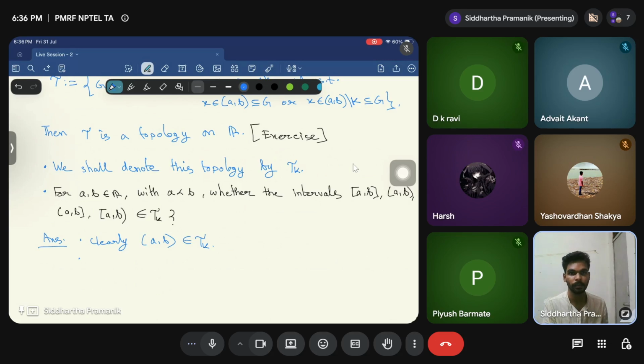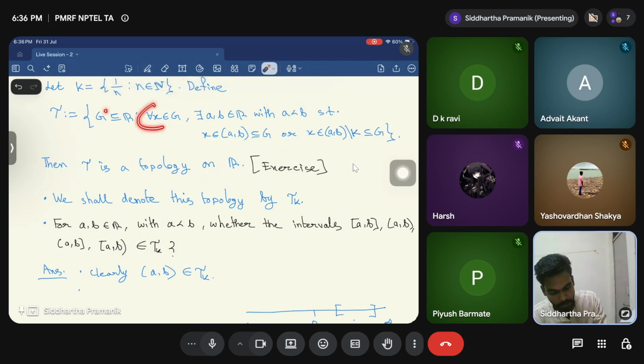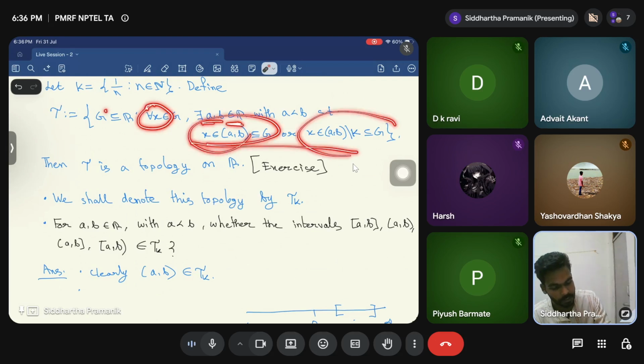Is it possible? So this is the real line. This is the 0. This side is infinity. This side is minus infinity. Suppose you take a closed interval here. This interval belongs to tau k if, for every element of that interval, we can find some real numbers such that this condition or this condition holds.